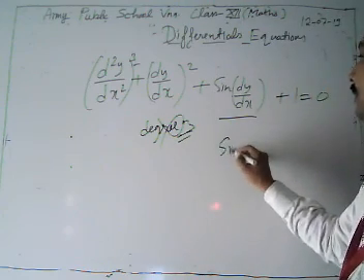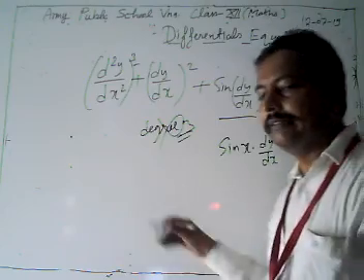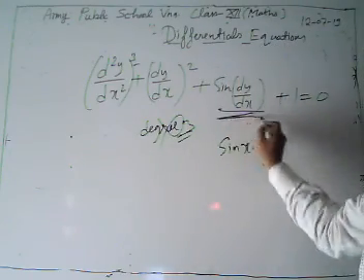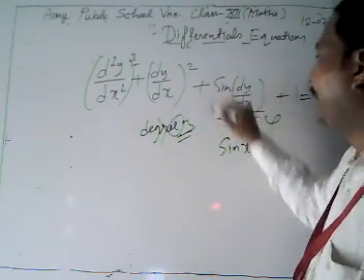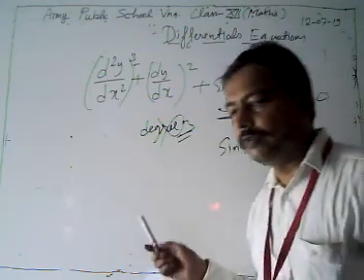If it were like sin x into dy/dx, then we could say that the degree is defined, but due to this sin(dy/dx), our differential equation does not form a polynomial.